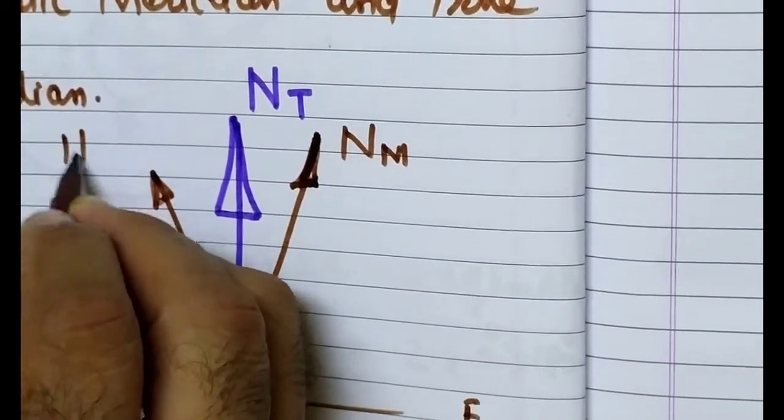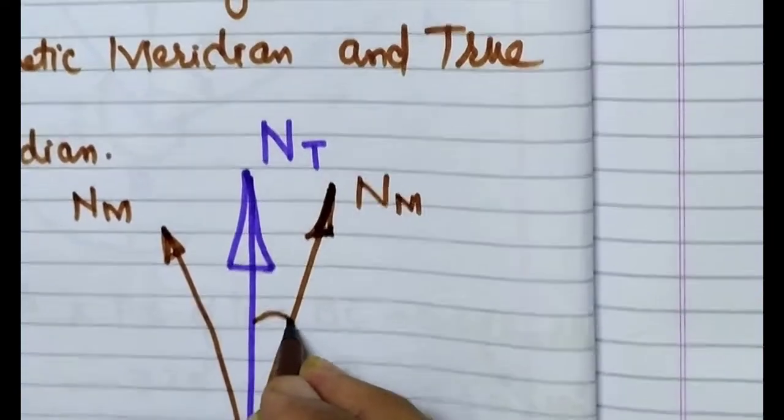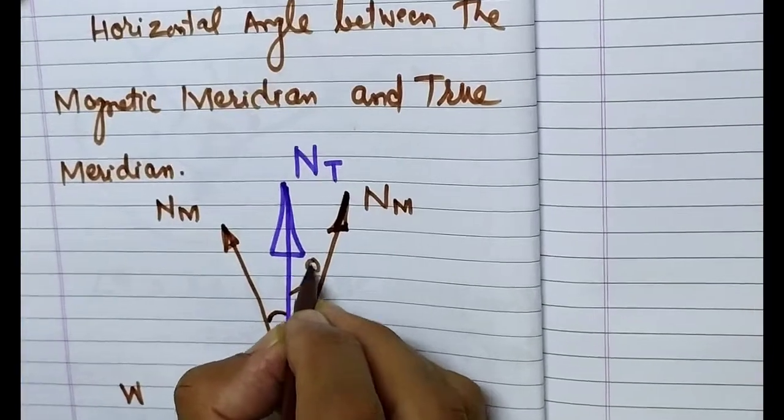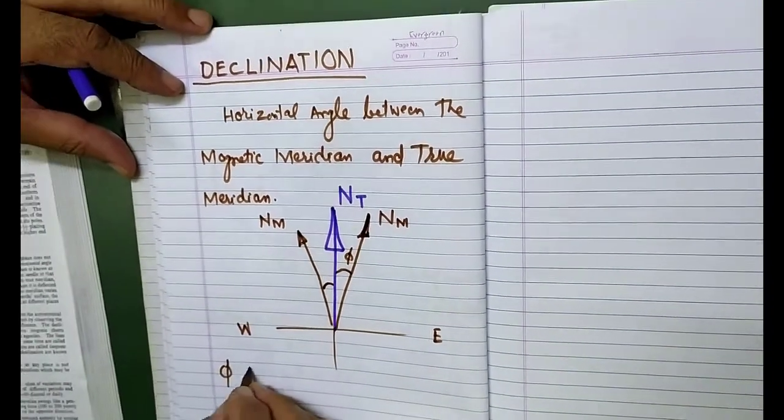This is the magnetic north. So this angle, phi, is known as declination.